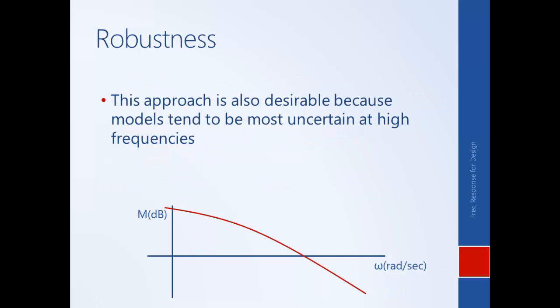This sort of approach is also advantageous because we tend to have the most uncertainty at high frequencies. And we saw this a little bit when we had that example where we did the system identification of a power converter. The model was really jumping around at high frequencies, and you could imagine that might be the case because it's difficult to measure the phase very accurately when you're dealing with large frequencies.